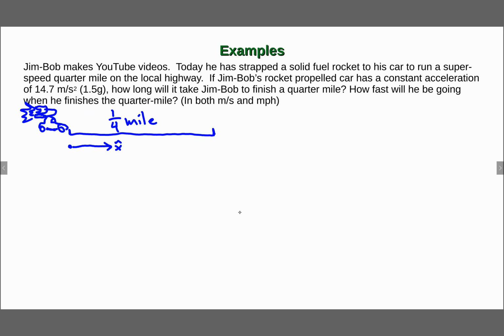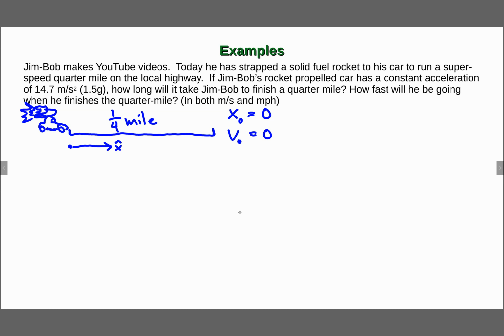Well, I've set up my coordinate system so that I know that x naught, x at time 0, equals 0, because that's where I put the origin. He's starting from rest, so v naught equals 0. And I know that he's going to go a quarter mile.